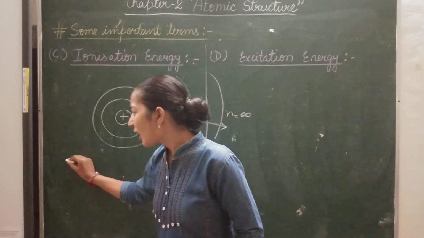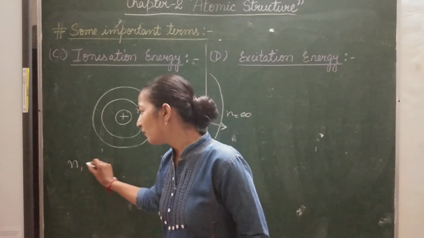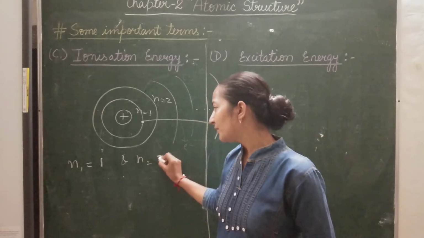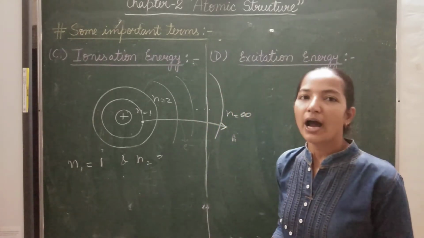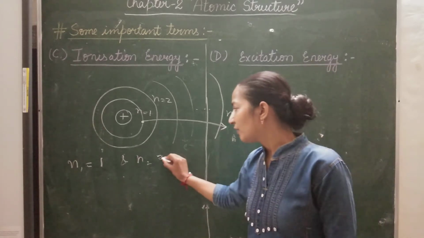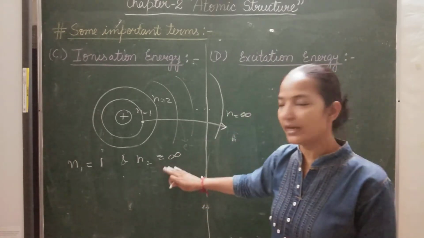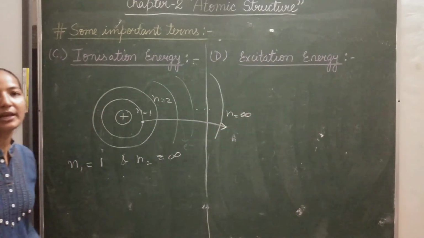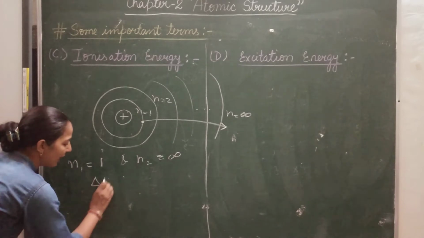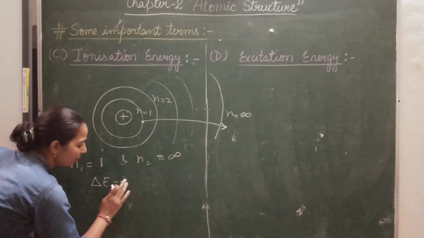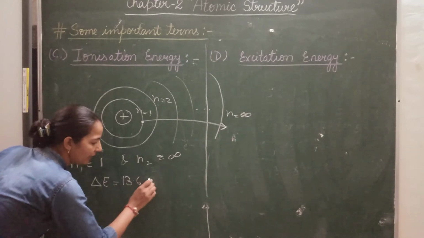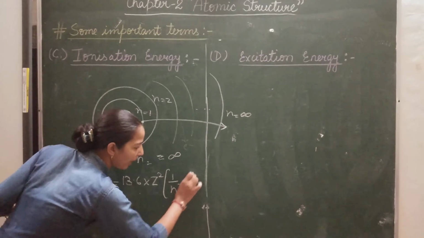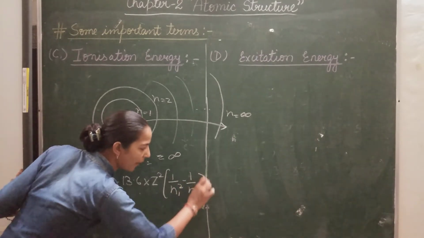Okay, so for ionization energy, n1 is equal to 1 and the value of n2, that is the higher orbital in which the electron will be excited, will be infinity. So we can easily calculate the ionization energy for any atom, since delta E is equal to 13.6 into Z square into 1 upon n1 square minus 1 upon n2 square.